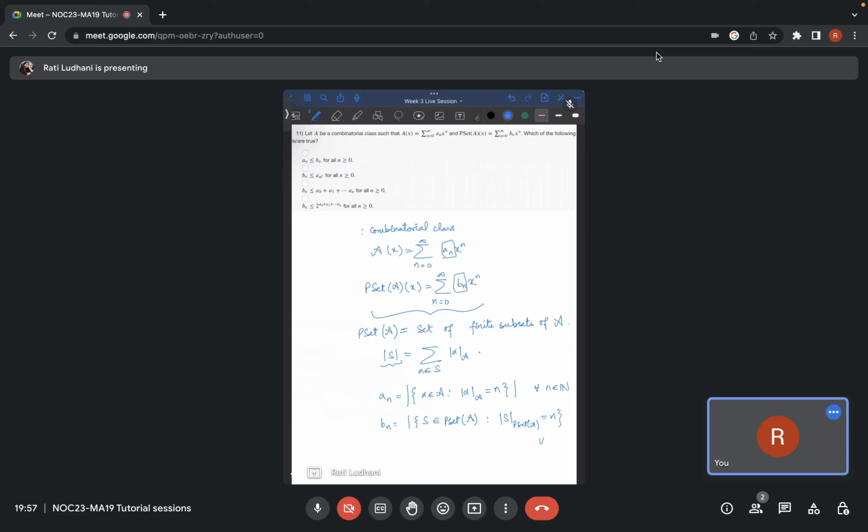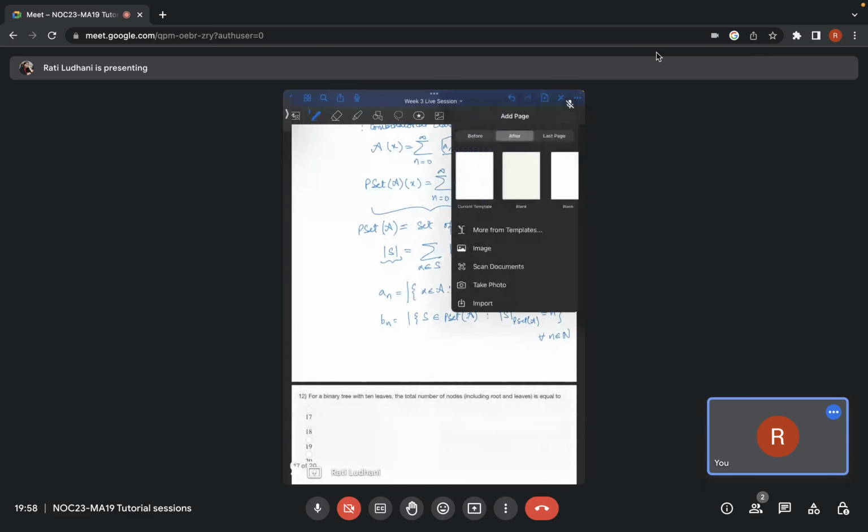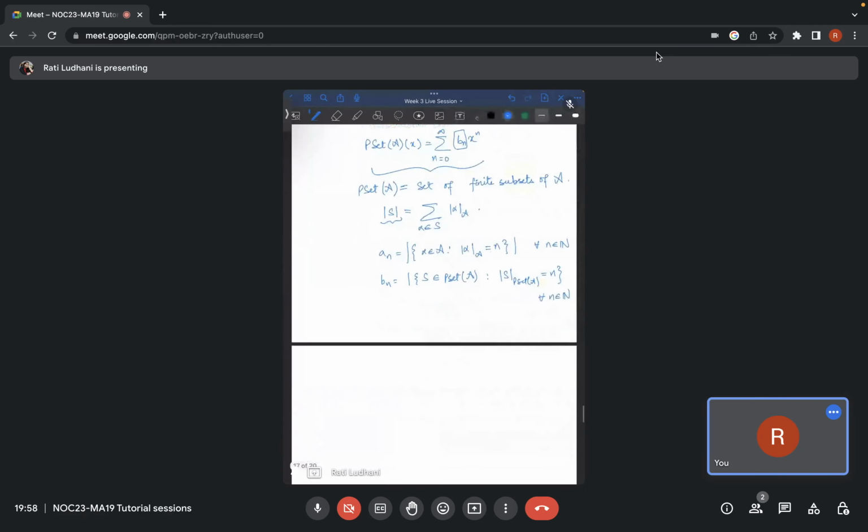So these are the definitions. Now one observes that the size of the singleton set alpha in the power set is the same as the size of alpha in A, because this is just that sum.